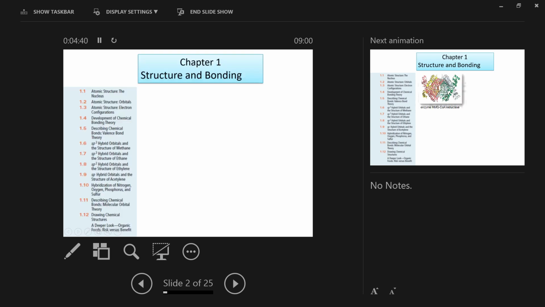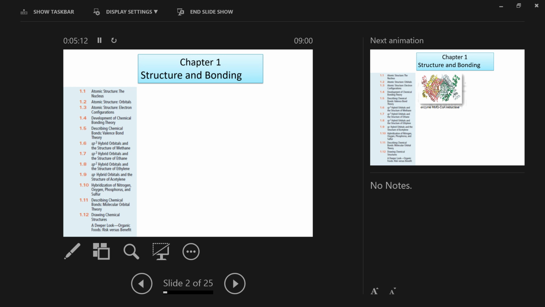Okay, chapter 1 is structure and bonding. We will talk about the atomic structure, the nucleus, the orbitals, the electron configuration, chemical bonding theory, chemical bonds, valence bond theory, sp3 hybrid orbitals and the structure of methane, sp3 hybrid orbitals and the structure of ethane, sp2 hybrid orbitals and the structure of ethylene, and sp hybrid orbitals and the structure of acetylene.